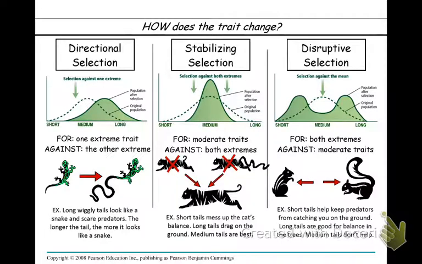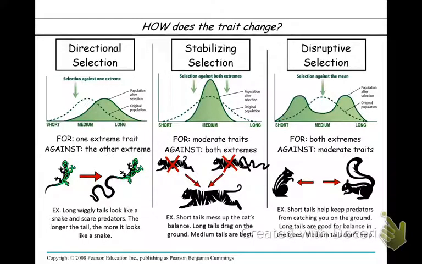First, what I would like to use is that there are different kinds of selection that can take place. Sometimes the environment changes in a certain direction, and so it is going to choose from one extreme to the other.